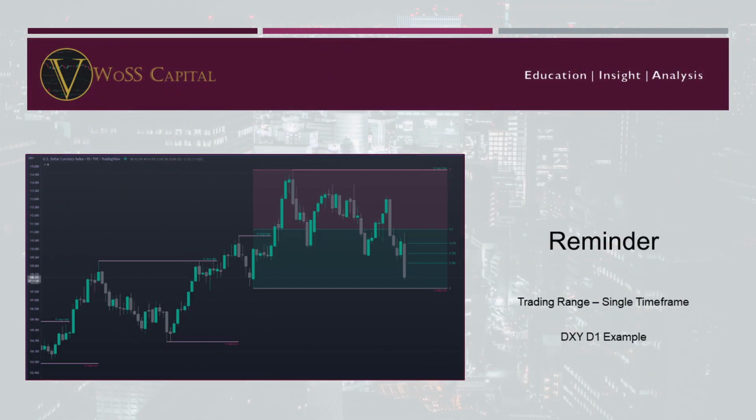Next, a refresher just on single time frame trading ranges, so I won't dwell on this one too long. This is the daily Dixie example, and the trading range is essentially just the previous major low to previous major high, or major high to major low, defines the trading range. Key areas within that are the equilibrium of the range, which is the 0.5, anything above that is premium and anything below that is discount.